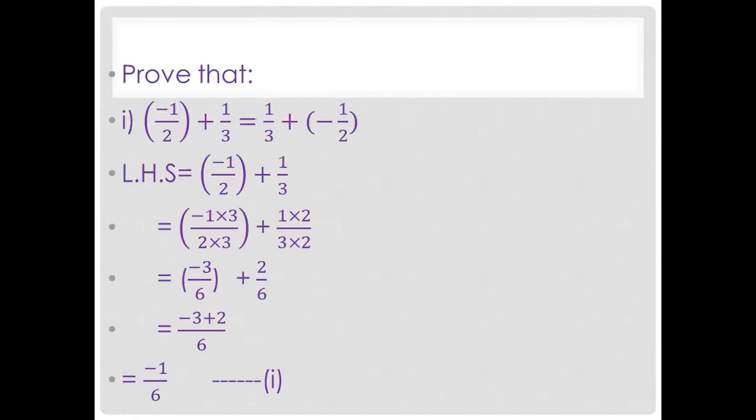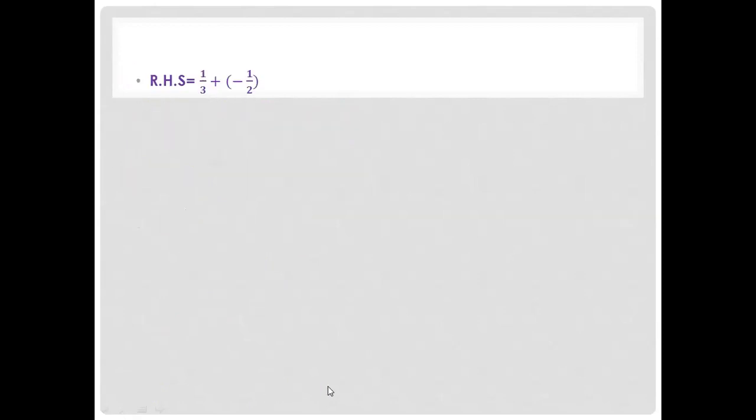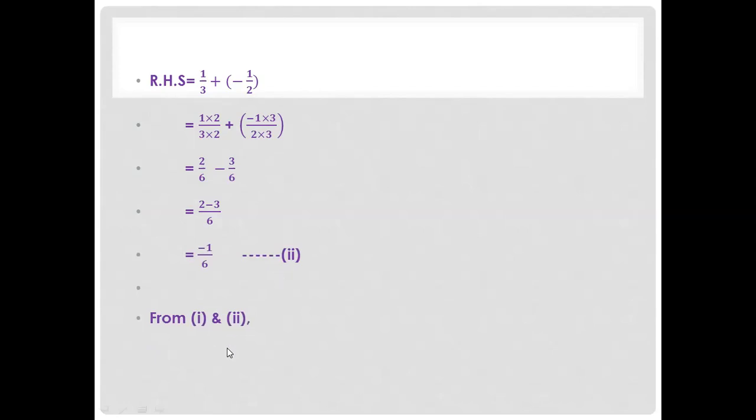You give them names: the left hand side answer, minus 1 over 6, you name 1, and the right hand side answer you name 2. So here you write at the end, from 1 and 2, meaning from the first result and the second result, the left hand side is equal to the right hand side.